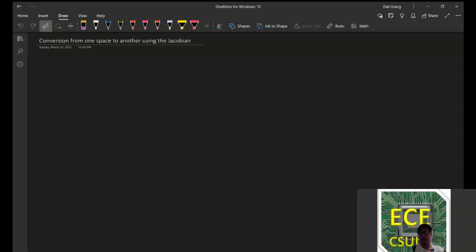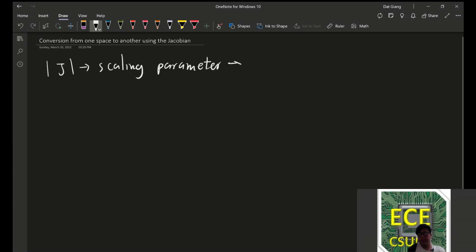All right. So we now are going to wrap up the conversion topic to talk about, just in general, how do you convert from one space to another using the Jacobian? First, the Jacobian is some kind of scaling parameter so that we can go from one space to another.